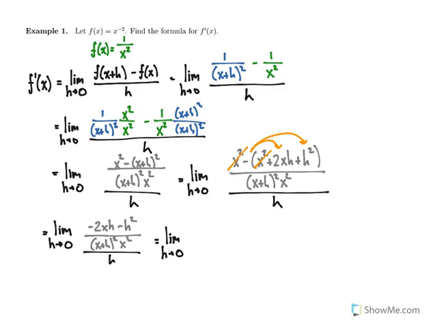Write this as negative 2xh minus h squared over x plus h squared, x squared, times 1 over h. And now we can cancel out an h out of every single term. We are almost done at this point.